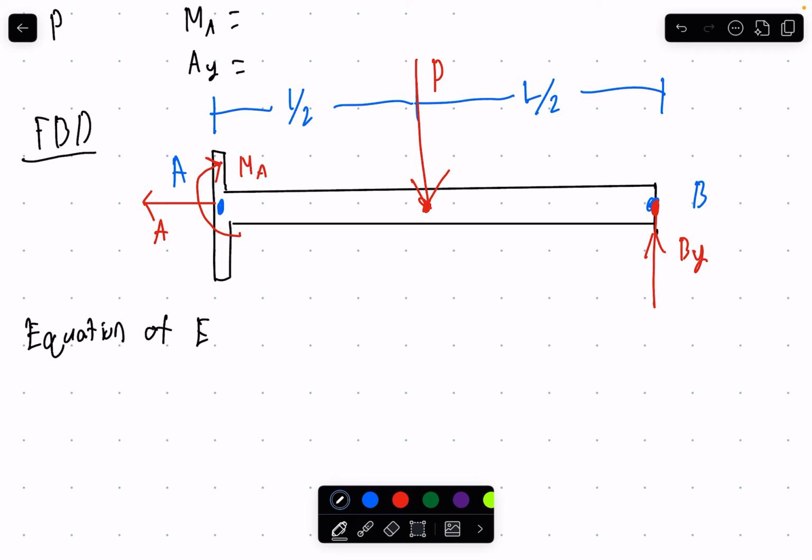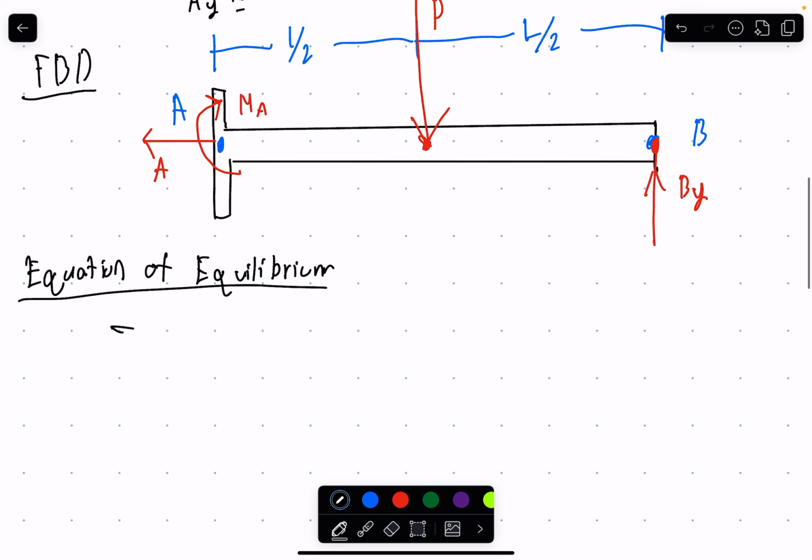I should also specify that this is a weightless, massless, widthless, rigid beam. There are a couple of assumptions we should take into account when solving this problem. So let's start with summing the forces in the x, setting equal to 0 because the beam isn't moving.